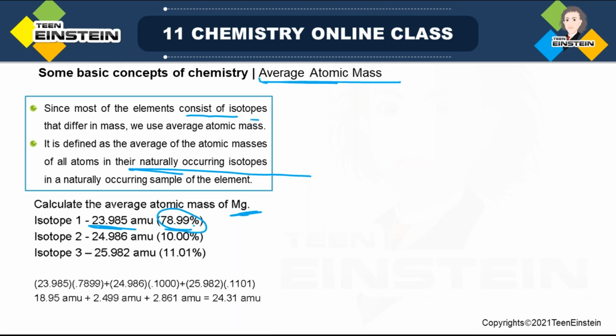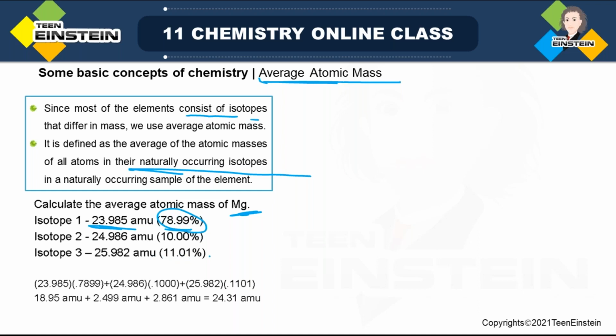Then the second isotope mass, we will see the masses are very close to each other, but still they are not the same. This little difference you also have to consider. The second isotope is slightly greater, 24.986, but the abundance is only 10%. The third isotope is even higher, by a very little amount, 25.982, and the abundance is 11.